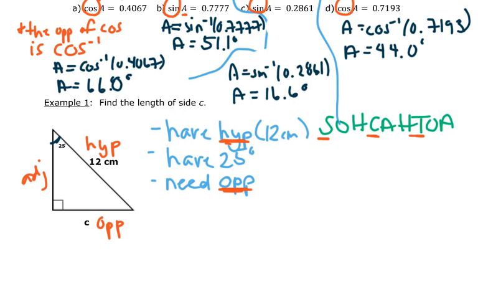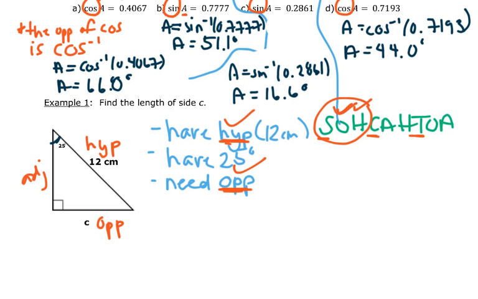Let's check. Sine uses opposite and hypotenuse. This looks good. Cos uses adjacent and hypotenuse, so cos is not helpful. Tan uses opposite, that's great, and adjacent, not helpful. So the only ratio that's going to work is sine, and there's only going to be 1 ratio.